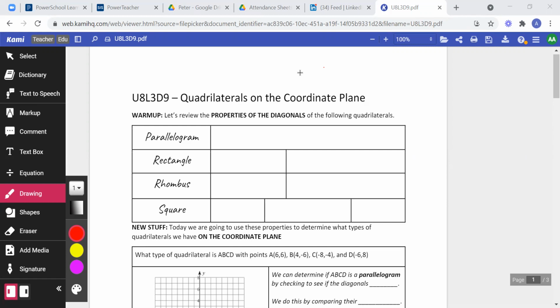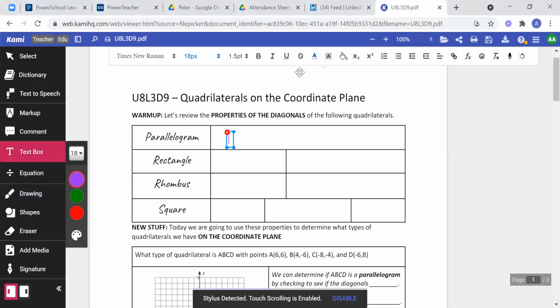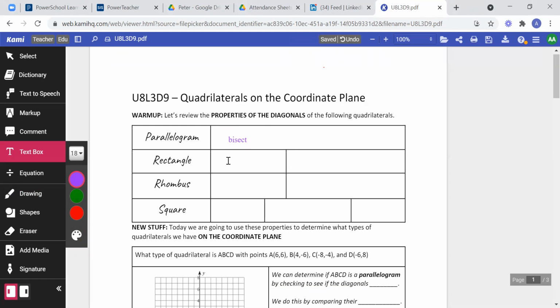In a parallelogram, do the diagonals intersect? They bisect each other. Okay, since they bisect each other, we're gonna say bisect. What about rectangle? Do they bisect? Yeah. Okay. What about rhombus?